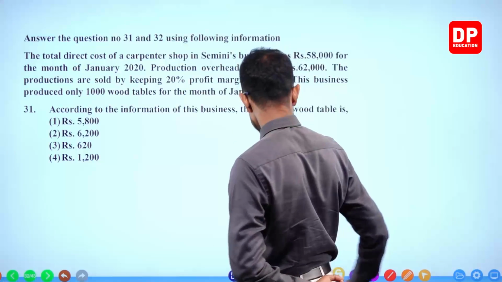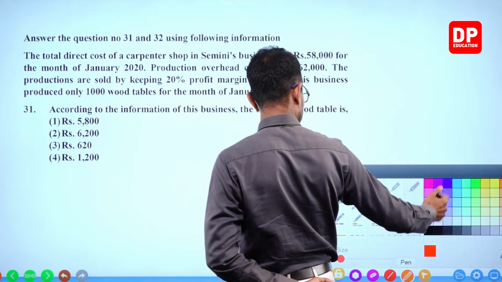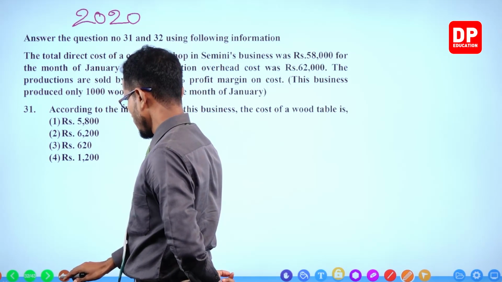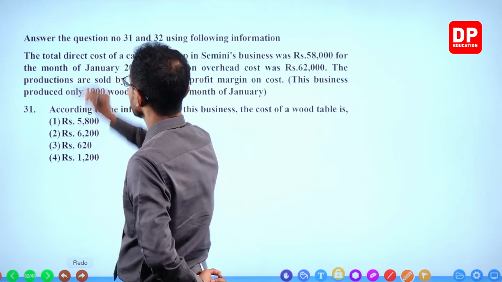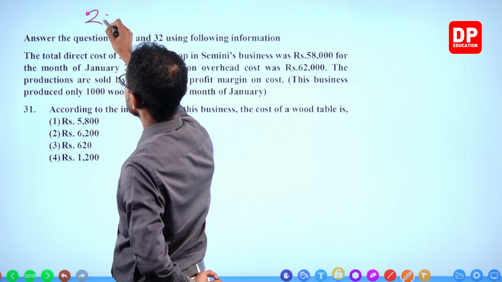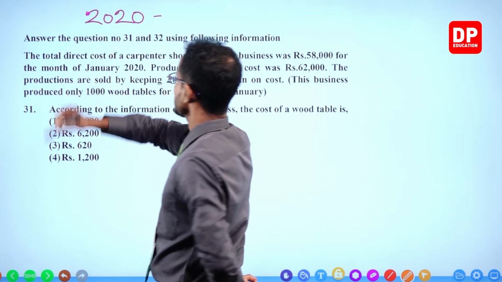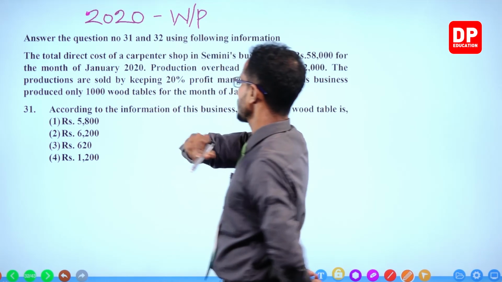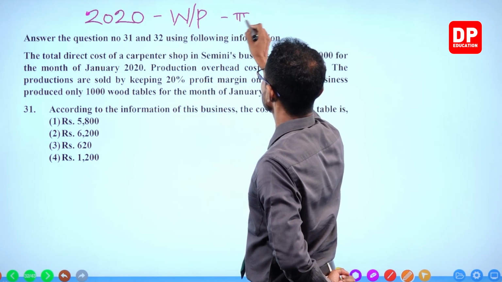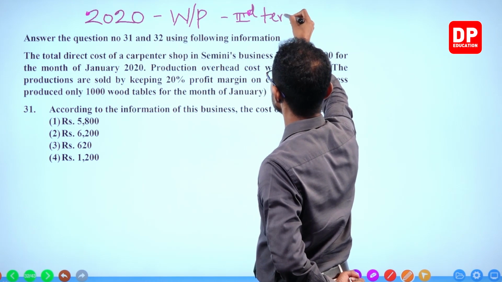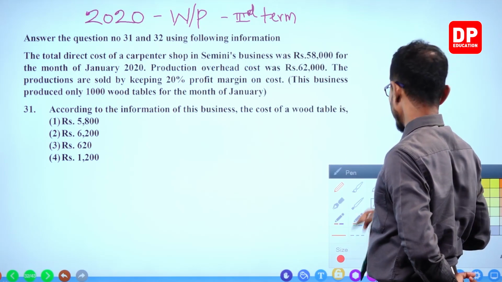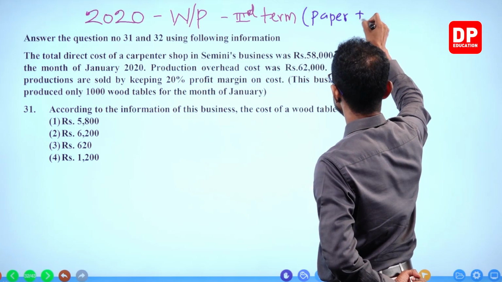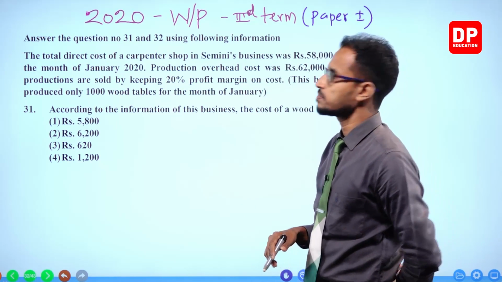Let me write that somewhere here. 2020, WP, 3rd term. And as you can see, children, this is paper 1, the MCQ paper.